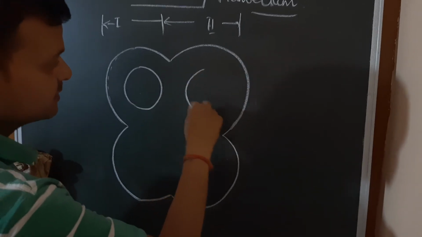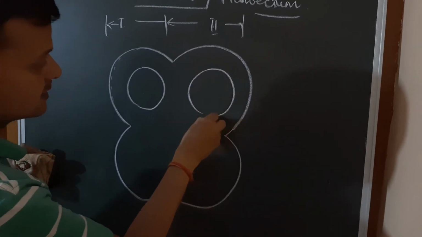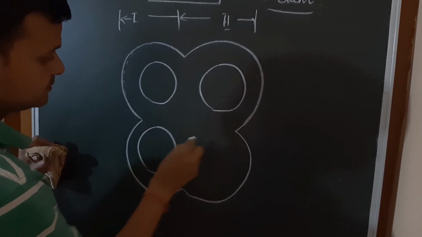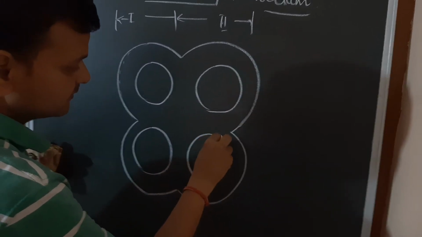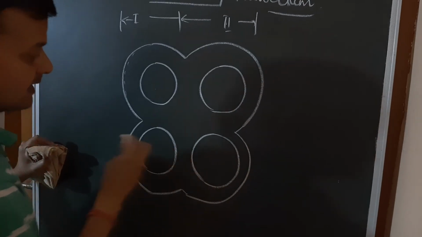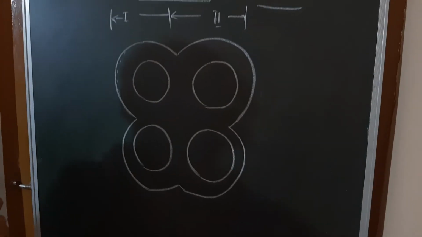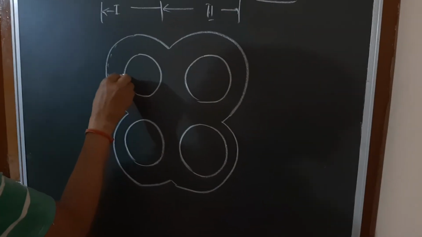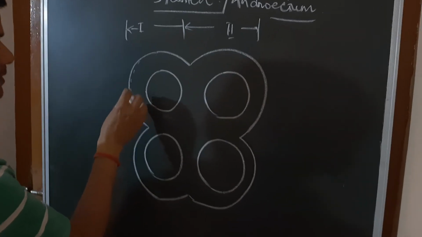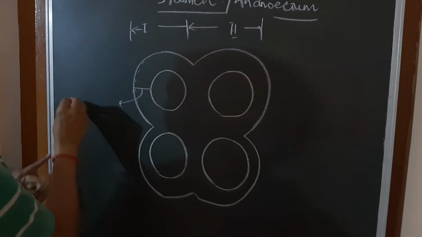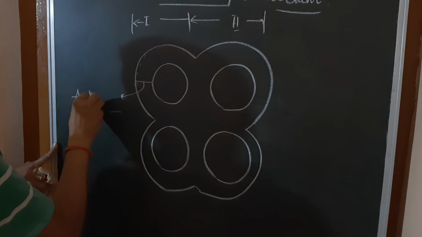This is the cut section. Right. Each lobe has two microsporangia which later on develop into pollen sacs at maturity. So these are the four microsporangia, and the region from the microsporangia to this outer surface is called the anther wall.